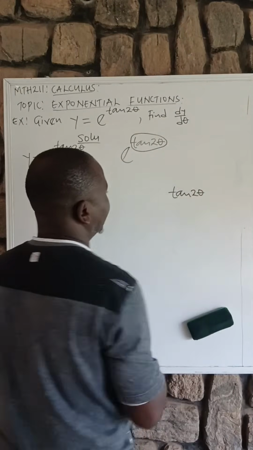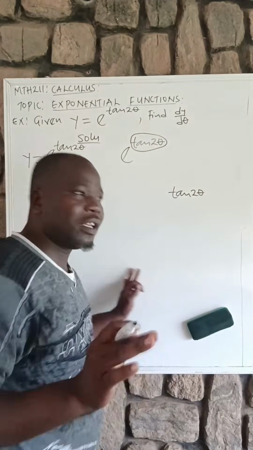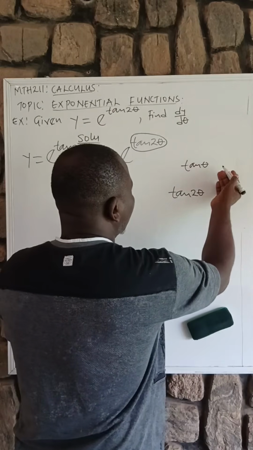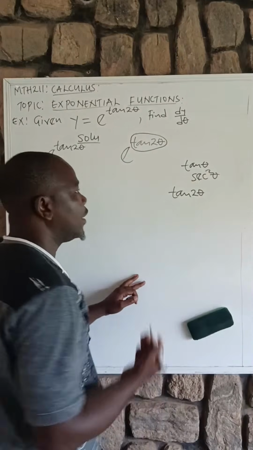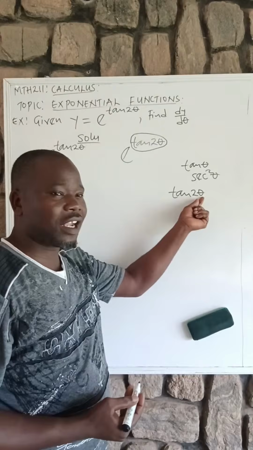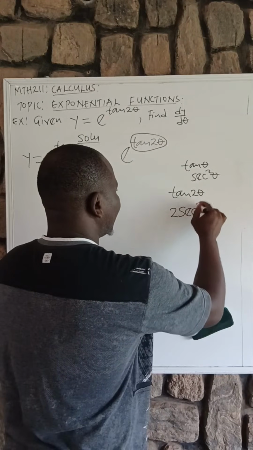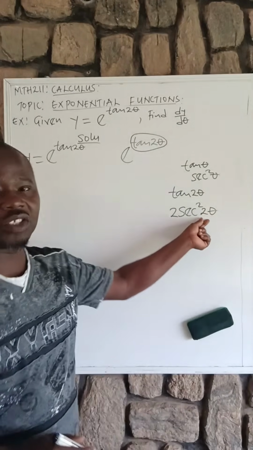If you differentiate tan theta, what is supposed to come? Is it not sec square theta? But if you differentiate tan 2 theta, you are going to have 2 sec square 2 theta. This is what you are supposed to get.